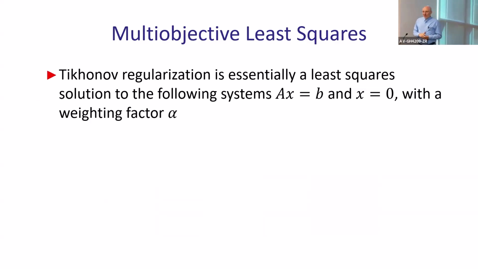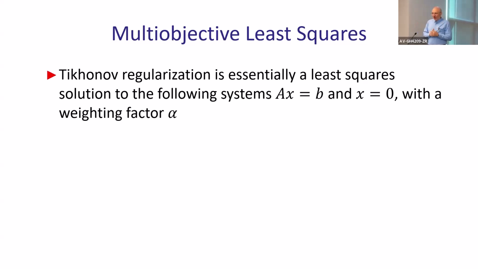All right, so we can continue in the same direction and talk about multi-objective least squares. You can think about Tikhonov regularization as essentially least squares for two systems of equations. One system is Ax equals b, that you want to make as close as possible. And the second system, x equals 0, which is also a linear system of equations, like I times x equals vector b, which is 0, right?